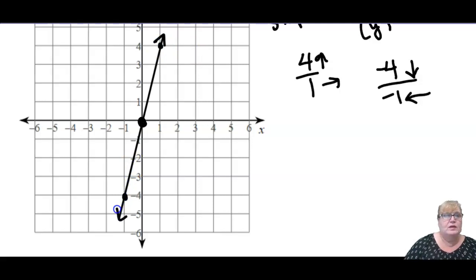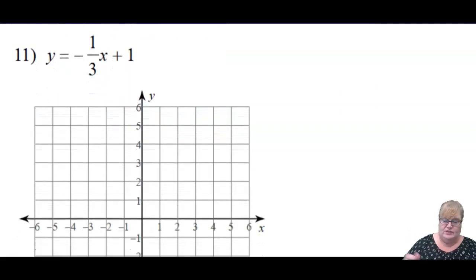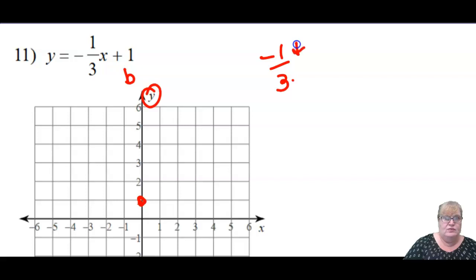All right. Moving on. Here's another slope-intercept line. The only thing tricky about this one is that this b value tells us we start at 1. Remember, it's on the y-axis, not the x. But the slope of negative 1/3, either you go down and then right, okay, one of them is negative, not both.